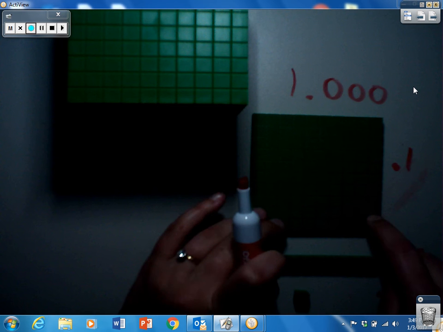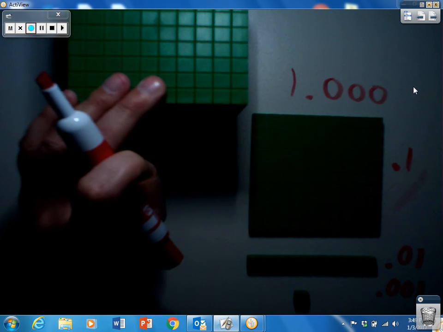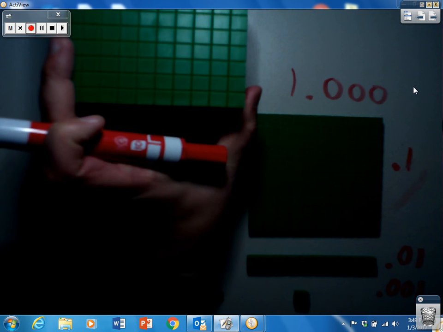And 10 flats go in the whole. So this is how we can look at our decimal place value if we're using the cube as our whole thing.